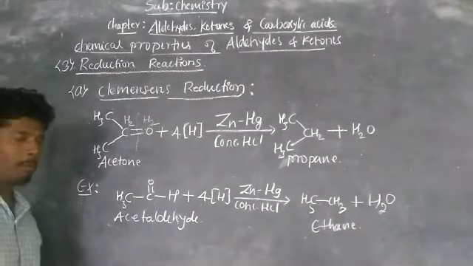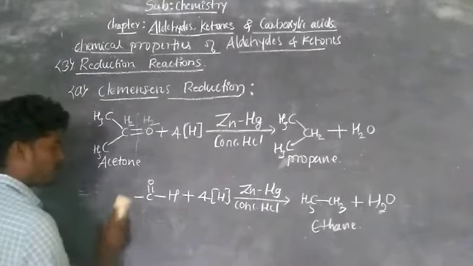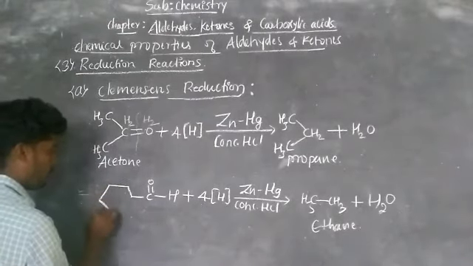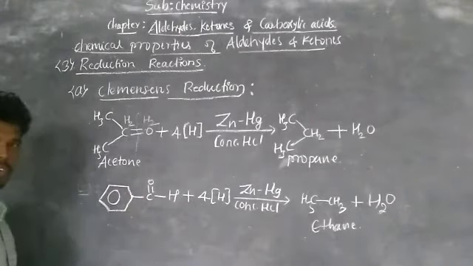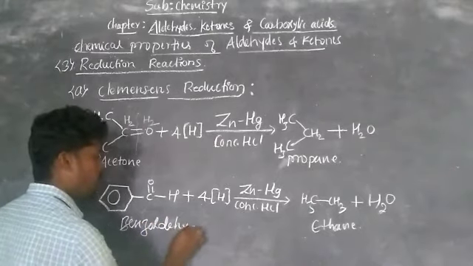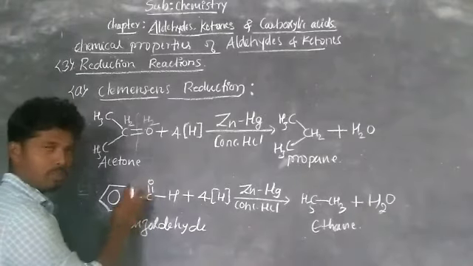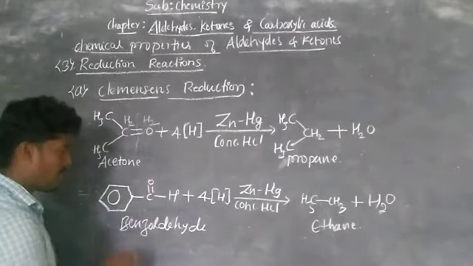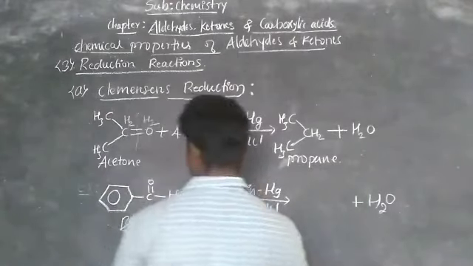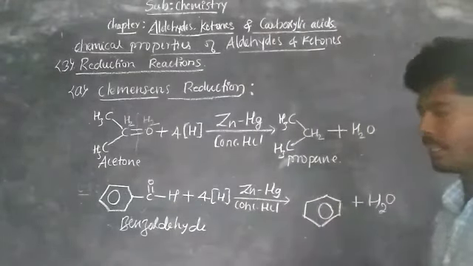If you take any aromatic aldehyde, for example benzaldehyde, benzaldehyde means here there is a benzene group. This is benzaldehyde. Now this benzaldehyde undergoes Clemmensen's reduction. It gets 2 hydrogens for the carbon and 2 hydrogens go with oxygen. So just in the place of CH3, I am writing the benzene ring.